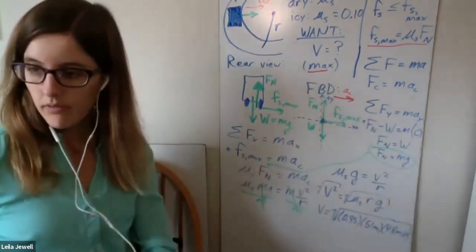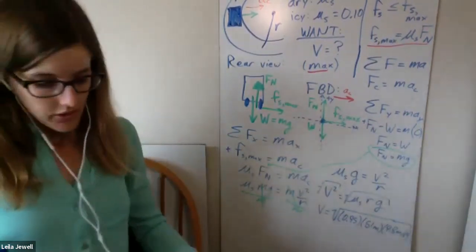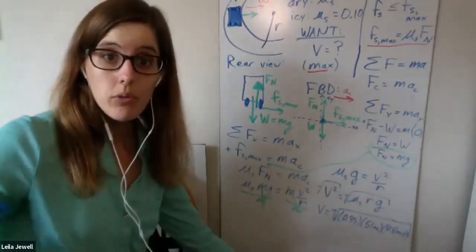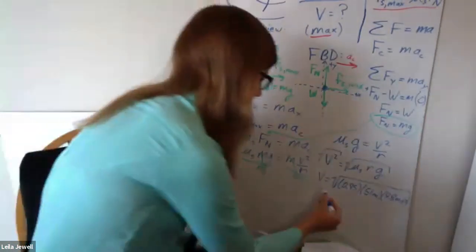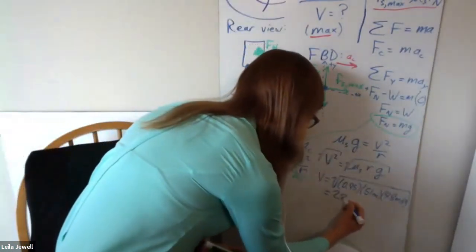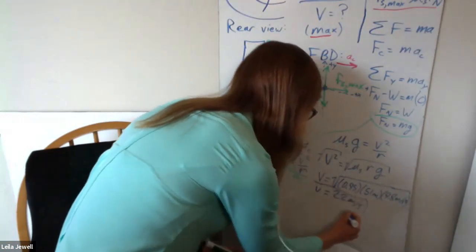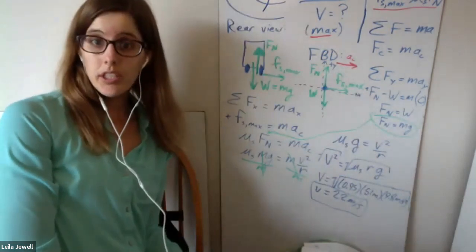Right. And so if we calculate that, you should find with the dry condition, it comes out to 22 meters per second. Which it turns out, that's about 50 miles per hour. So that's a pretty good clip.